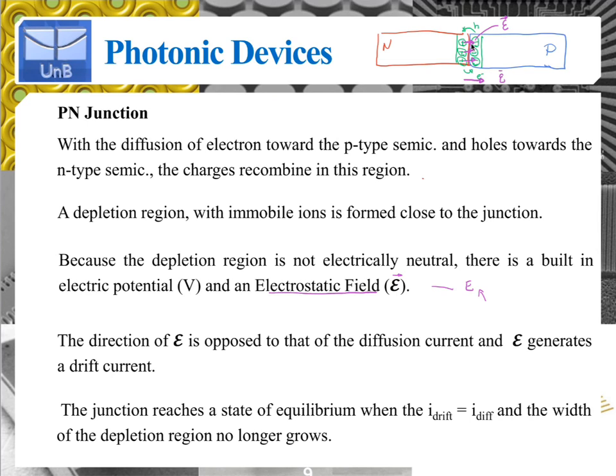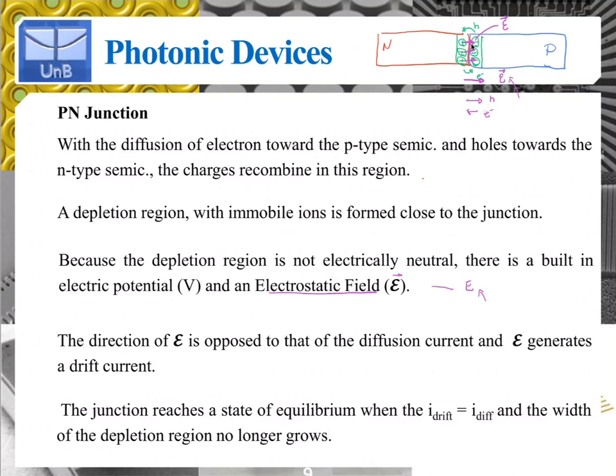Note that this electric field will tend to make the holes move along the direction of the field itself, right? So it will tend to make the holes move in this way, and the electrons, which are negative charge carriers, will move in the opposite direction with respect to the field. So electrons will actually move this way, right?